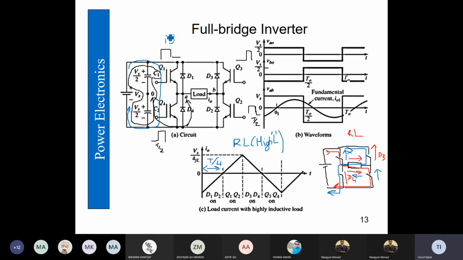But actually the first digit indicates that Q1 is on, and the second digit indicates that Q3 is off. So this is how we place a 2-digit value.